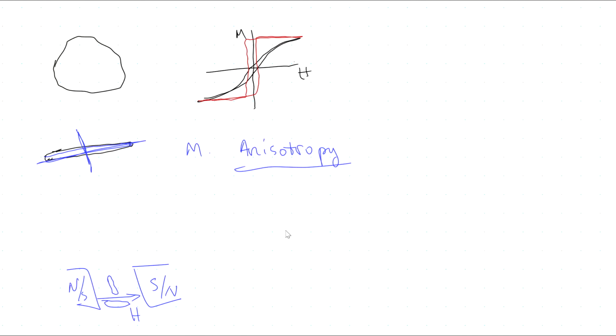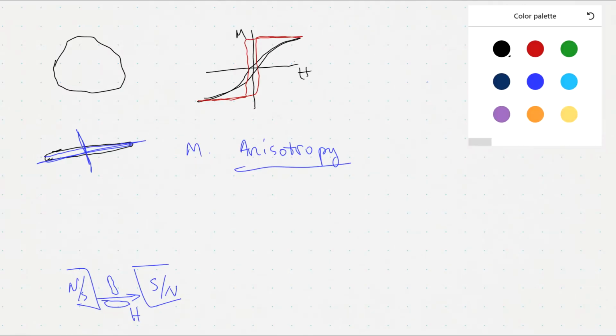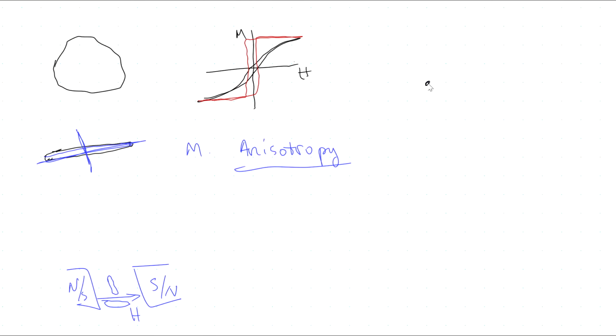Okay, now if you have something, for example, let's take iron. Iron has a cubic crystal lattice. It has atoms, and we'll talk about that. It's handy to have this grid here.